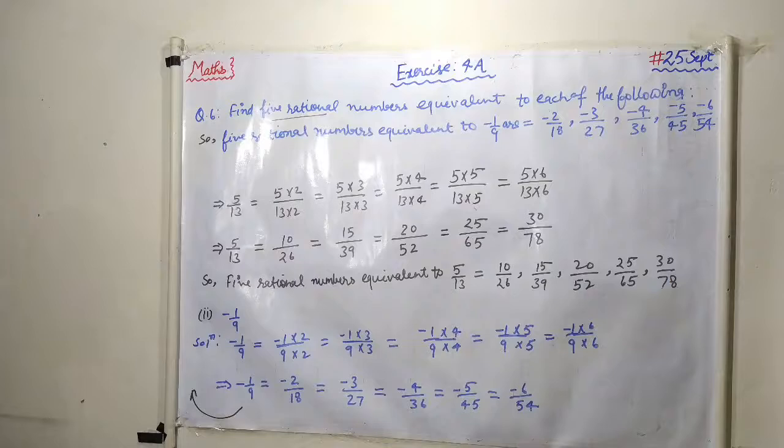So in this way you can do the other parts of this question. 2 upon minus 7, same procedure, minus 4 upon minus 3, and I'm going to do question number 6, part 1.